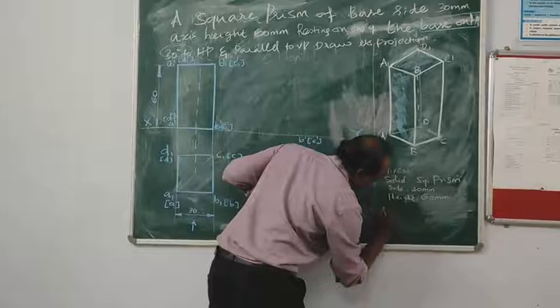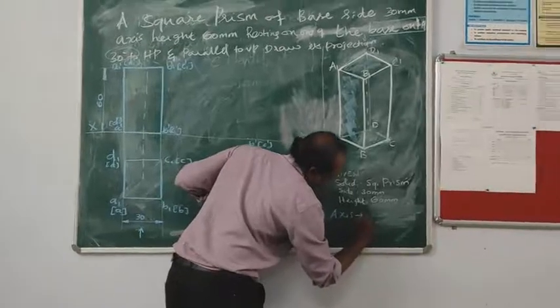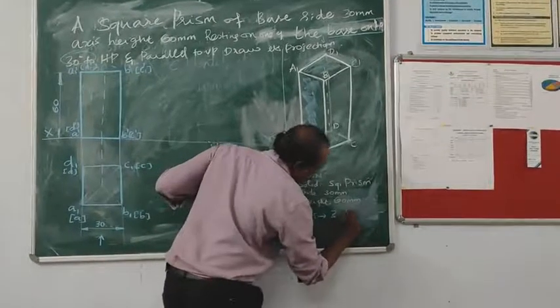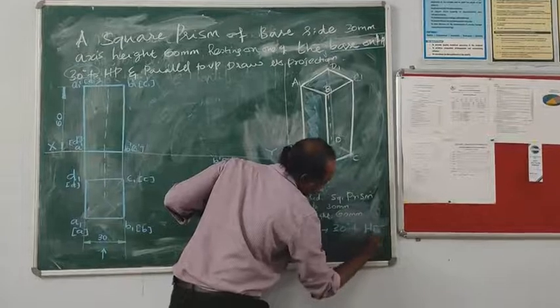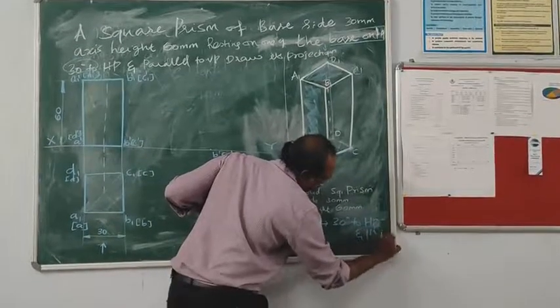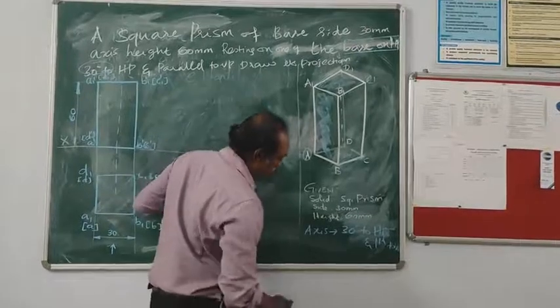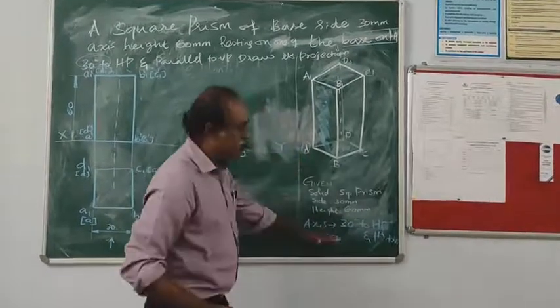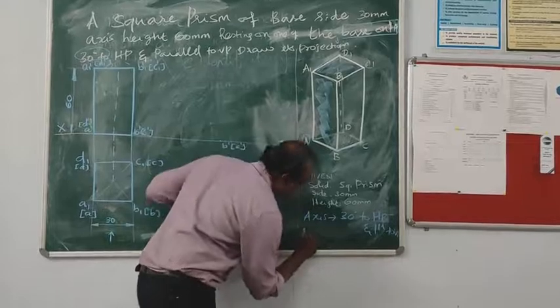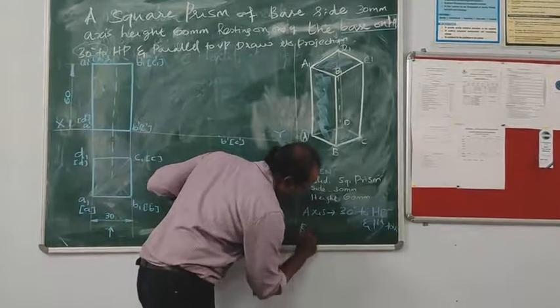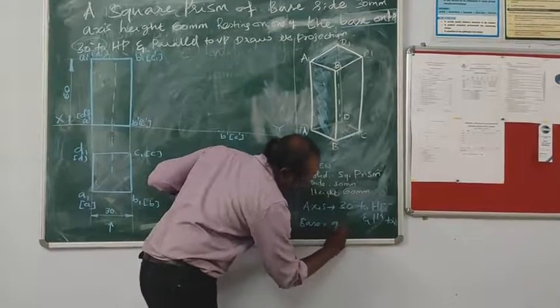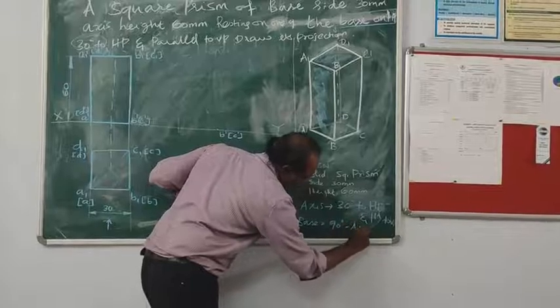Here the axis inclination is 30 degrees to HD and parallel to VP. For simplification, the base is always inclined, so the base angle equals 90 degrees minus the axis angle.